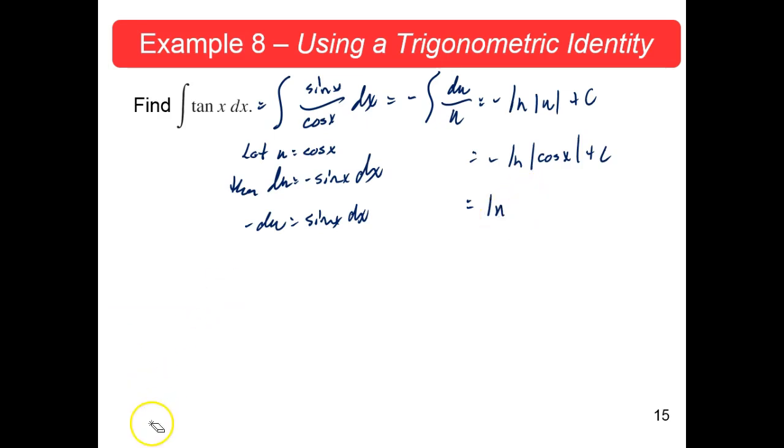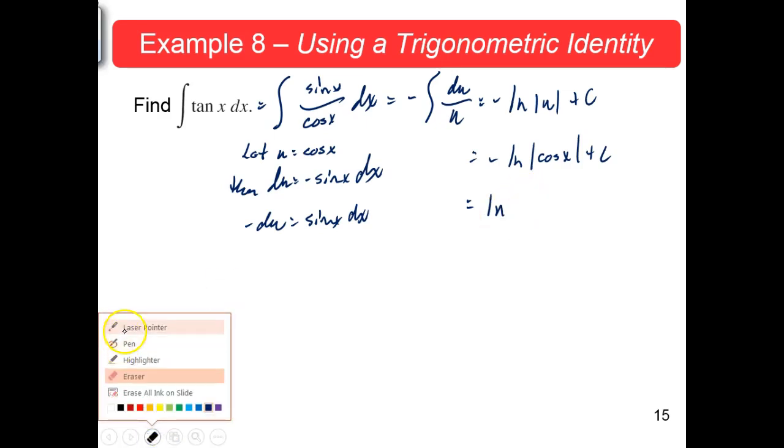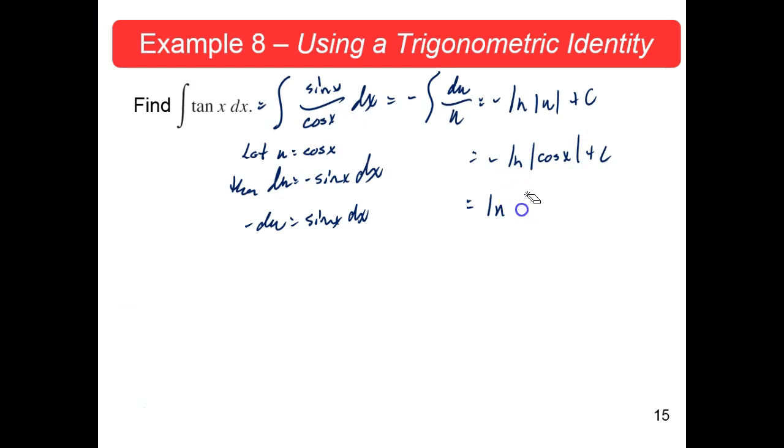I guess I shouldn't skip any. Okay. That would be the log of the absolute value of cosine x to the minus 1 plus c. Okay?